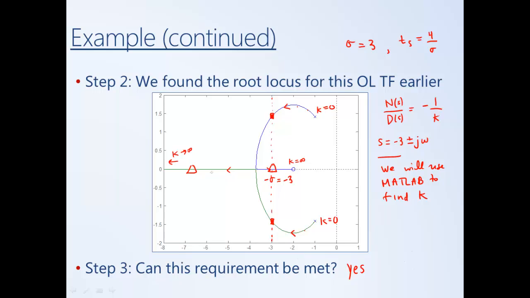So even though we have two poles where only one of them has the sigma we desire, this pole is faster, and so its contribution will be less, and this pole will dominate. So again, we may not have a settling time of exactly 4/3, but it will likely be close to 4/3 because this is the dominant pole. So this is another example of how using the root locus can be helpful for controller design.